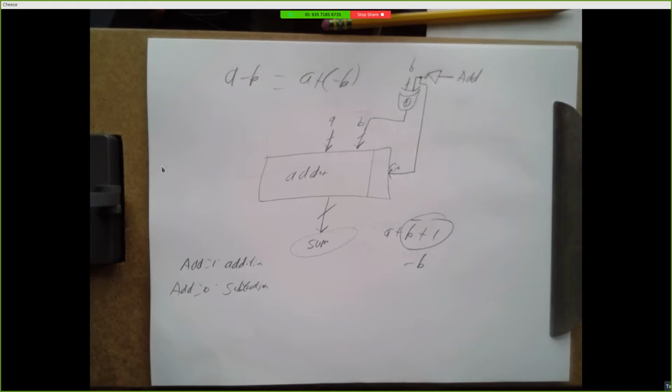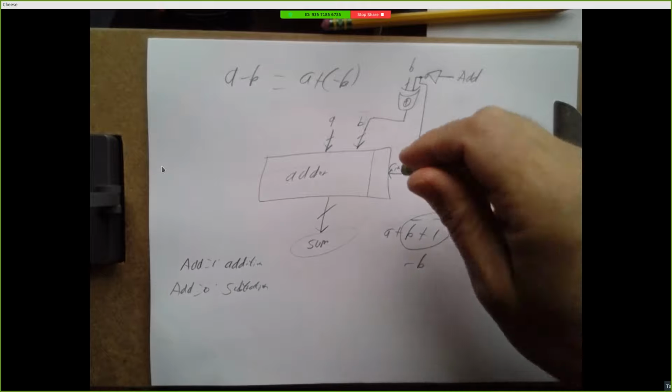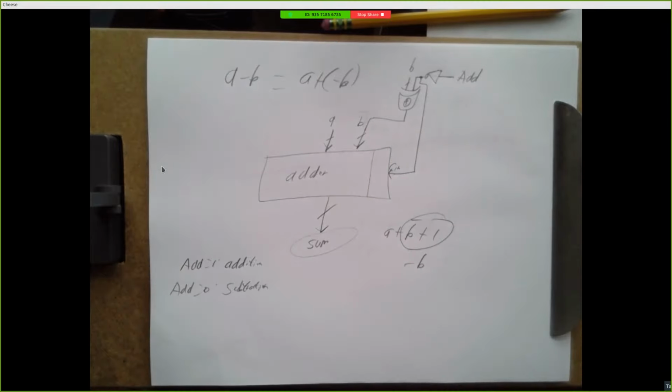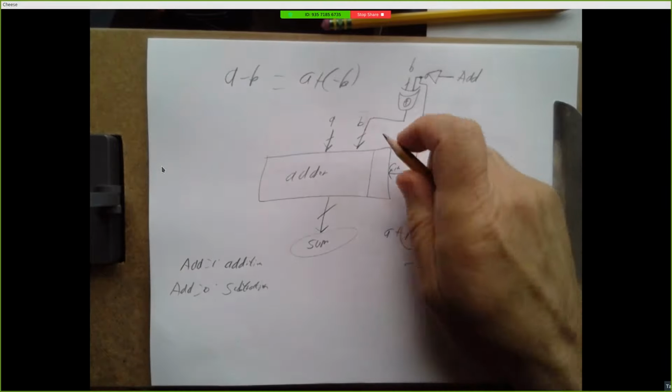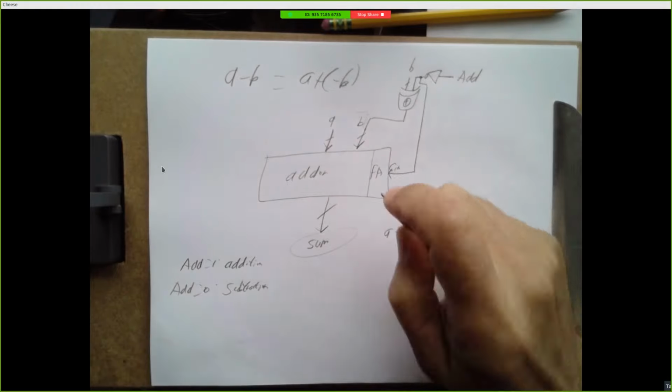So that's one way to build an add-subtract circuit from just an adder. The only trick is we need our adder to be able to accept an initial incoming carry. So this first stage here would be a full adder instead of a half adder.